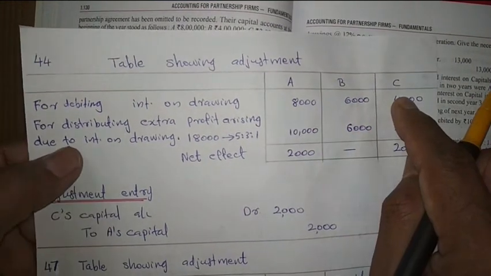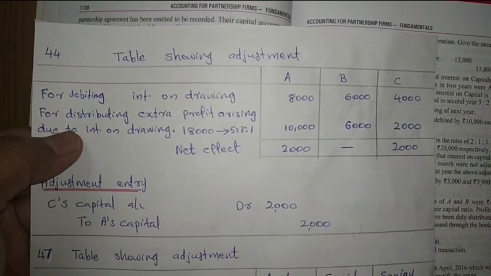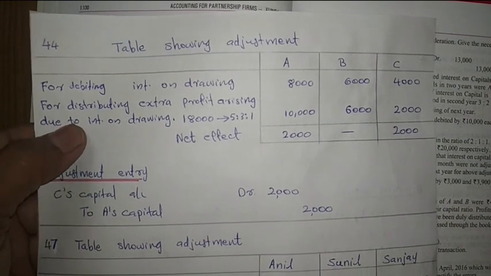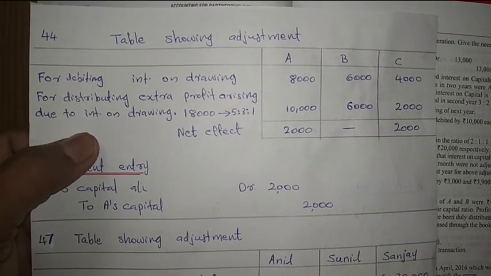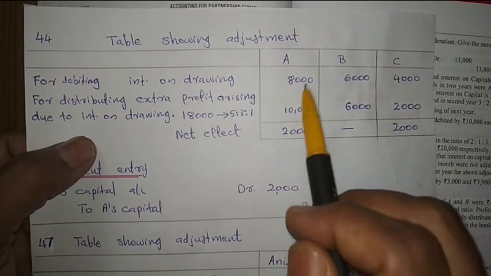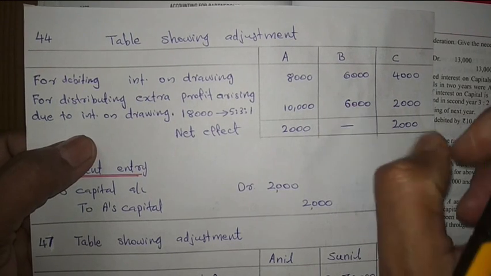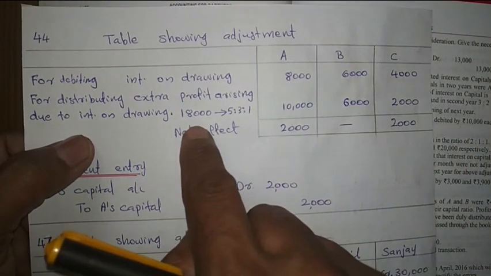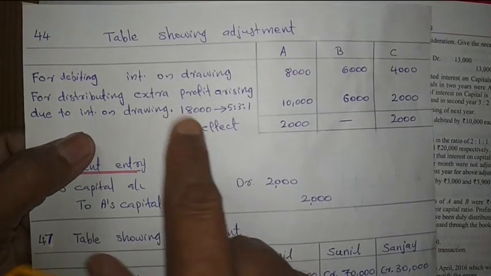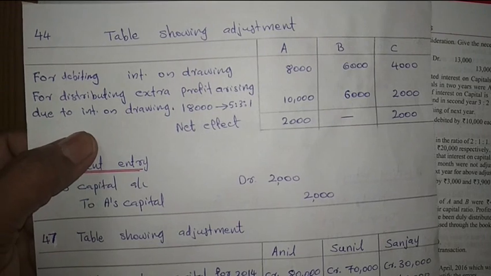Then the next statement will be interest on drawing, where it is coming in the appropriation account. It is coming on the credit side, and this will be income for the firm. Whenever we take this amount, it is coming to a total of 18,000. So 18,000, that much amount will increase their divisible profit.